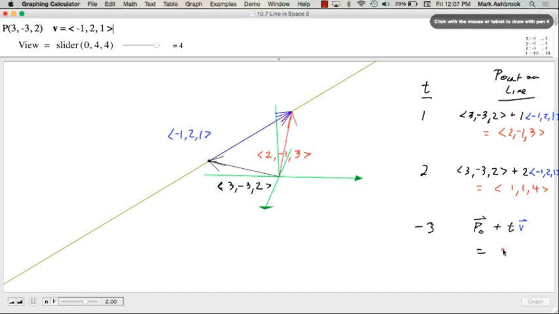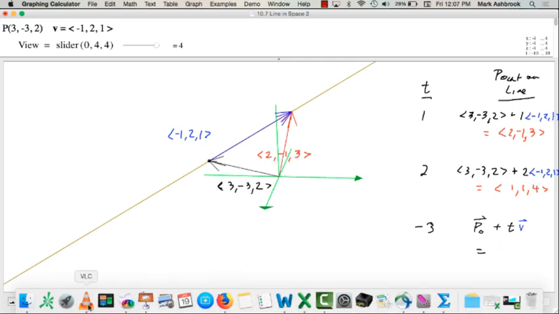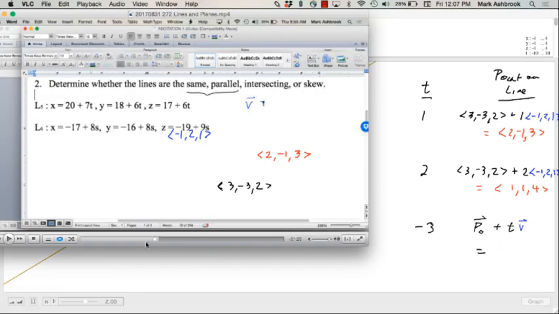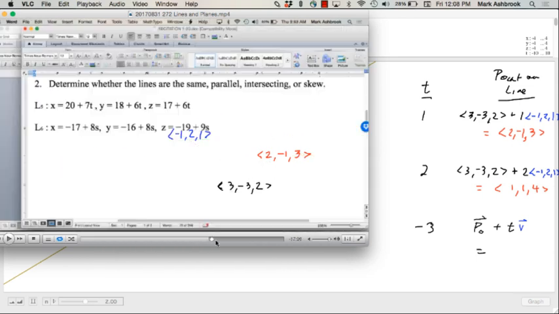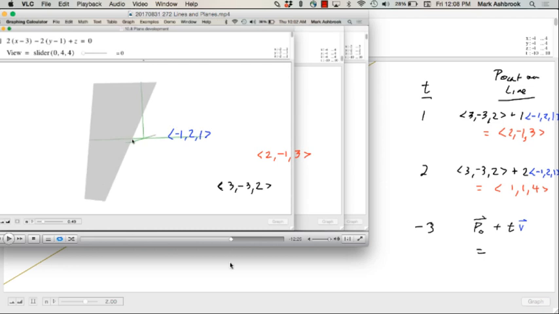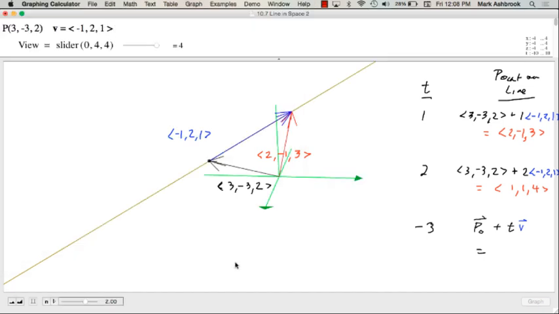So what did you guys get for that? Let's make sure we're on the same page. 6, negative 9, negative 1?